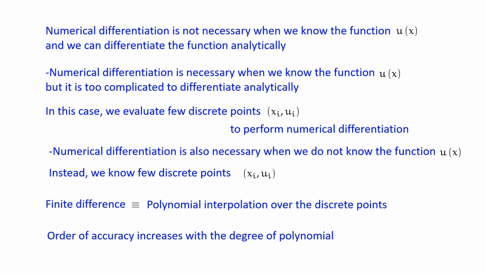So fitting a higher order polynomial will give us a higher order of accuracy. So to conclude, we can fit a polynomial over discrete points and take the derivative, or we can take those discrete points and expand them in Taylor series. From that we can evaluate the derivative using the procedure that we have discussed in the last few lectures.